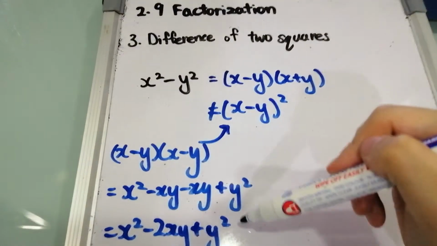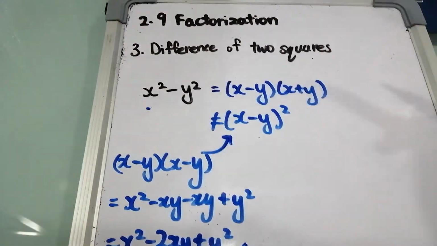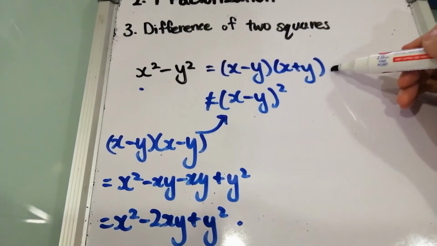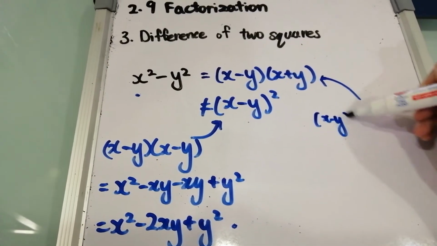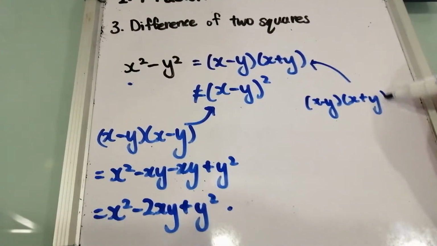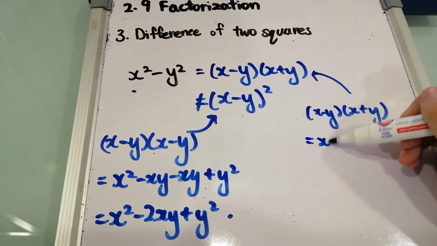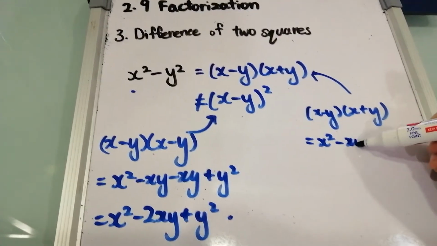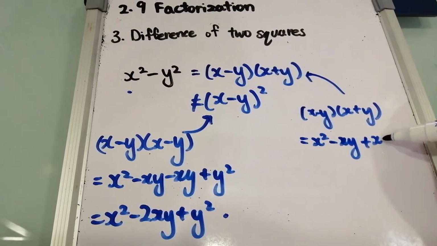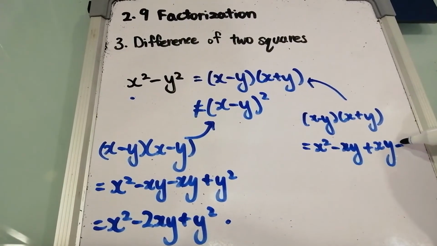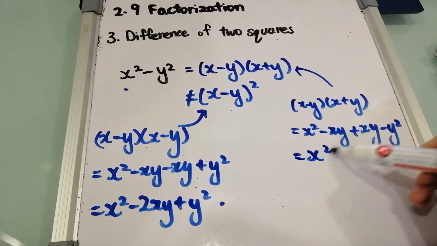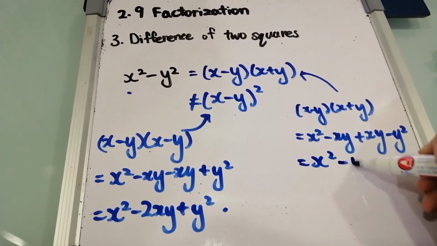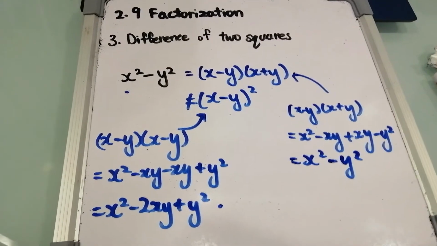So you can see that this is not the same as this expression. But when it comes to this one, when you expand, it will become x squared minus y squared.